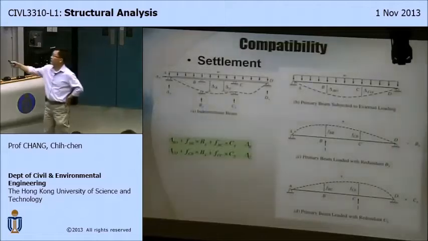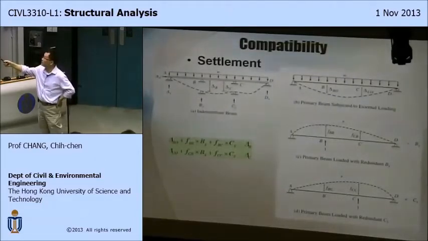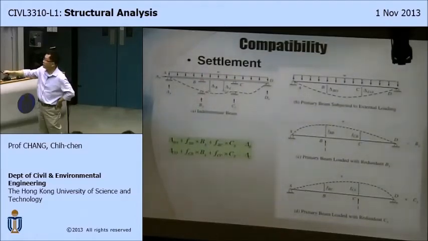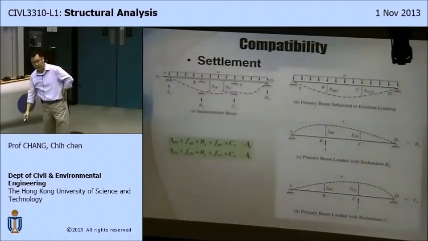Okay, all right. So that is the compatibility equations. Now, settlements. The effect of settlements is that you're not going to push the deformations back to the original positions. So the original position will be settled down to a new position. So the compatibility equations, when you add things up, should reflect that the final position is not the same as the original position.